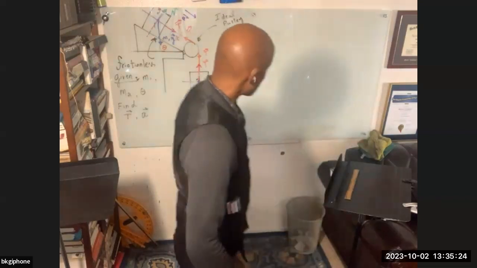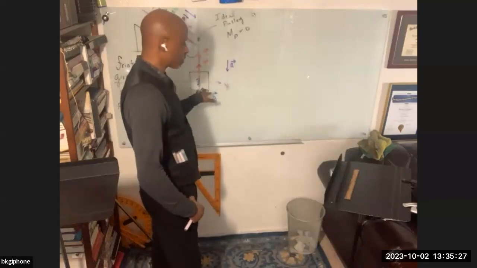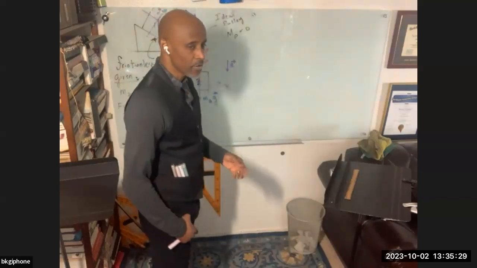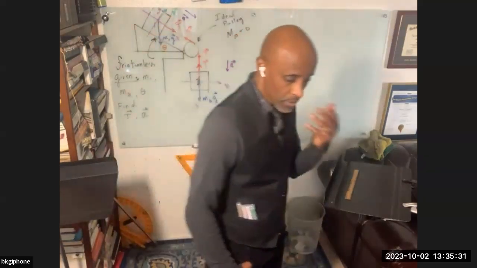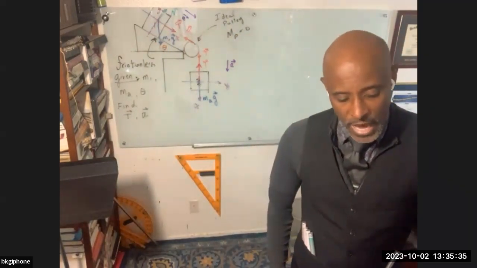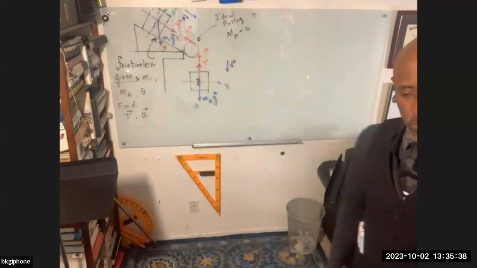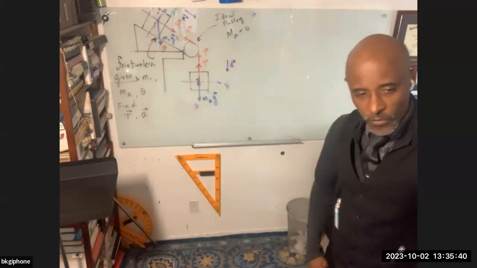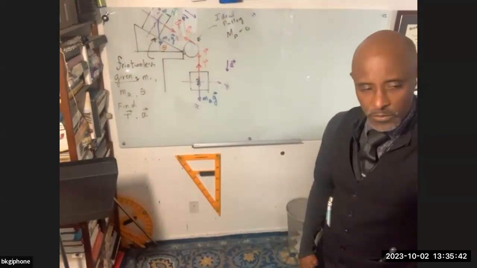A lot of people like to start with placing the coordinate system down here on this block. It doesn't really matter as long as you have something. But I do it this way, so that's what I'm teaching. But a reference frame is kind of a personal thing.